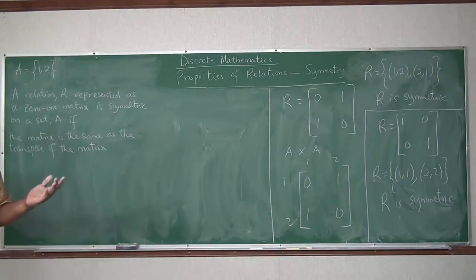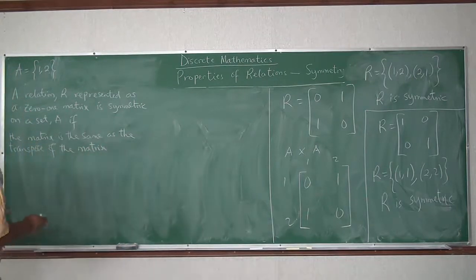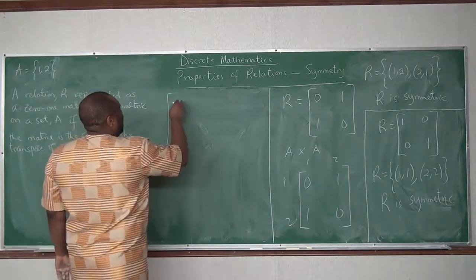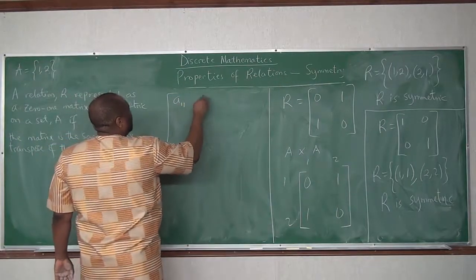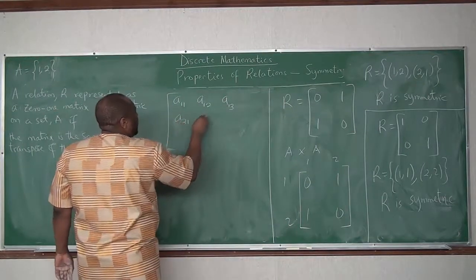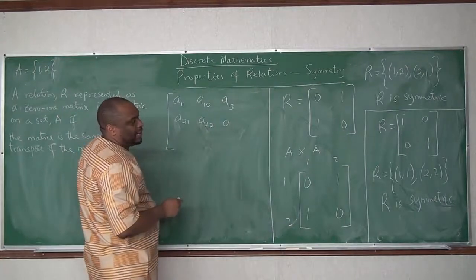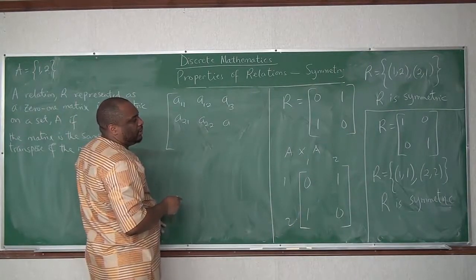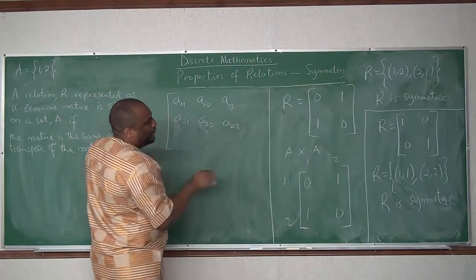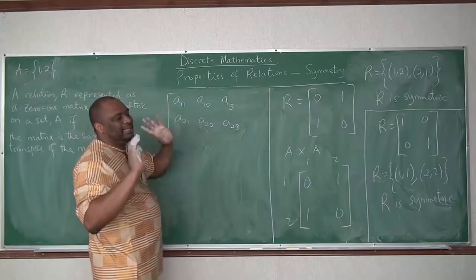Even if they give you a 3 by 3 matrix, let's say you have a1,1, a1,2, a1,3, a2,1, a2,2, a2,3. You know what? I should be writing R. No, the set A, I'm sorry.